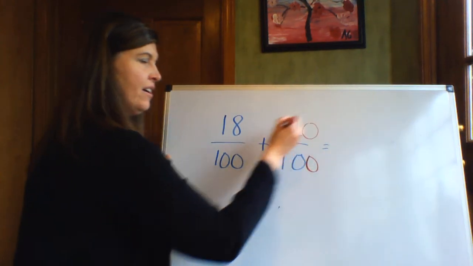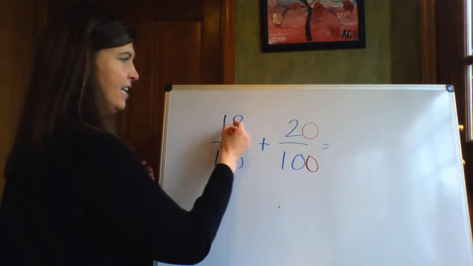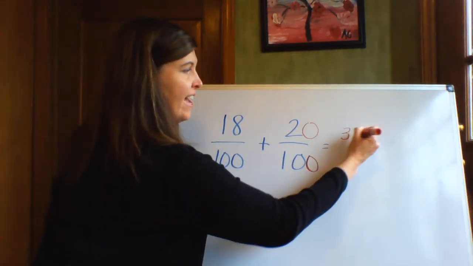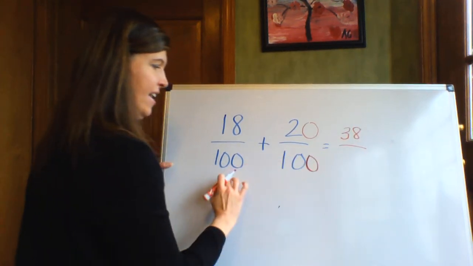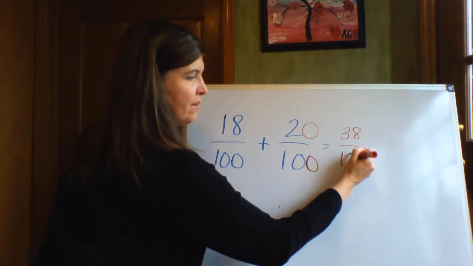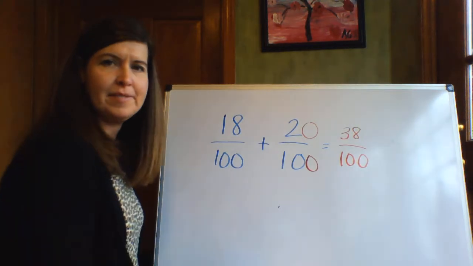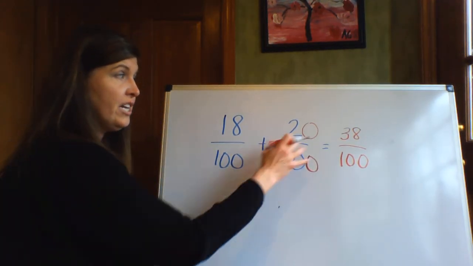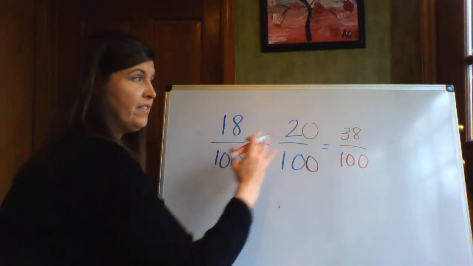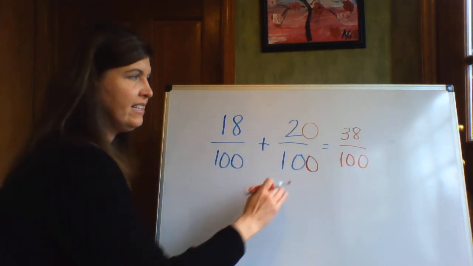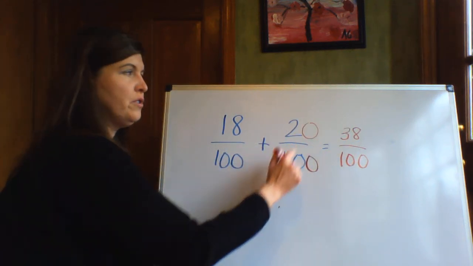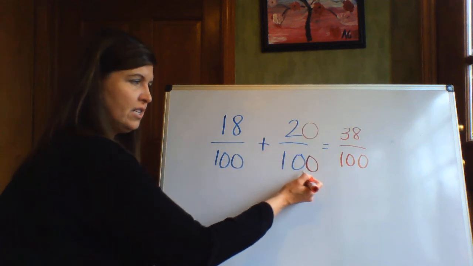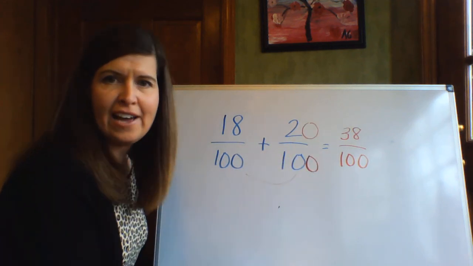Add a 0 up here, and then add across. 18 plus 20 is 38. And of course, my hundredths stay the same when I add fractions. So I hope that helps. On your homework, the bottom part of it, or what you're going to be doing at home, this is definitely going to help you, where you can just add those zeros so the denominators are the same and you can add straight across.